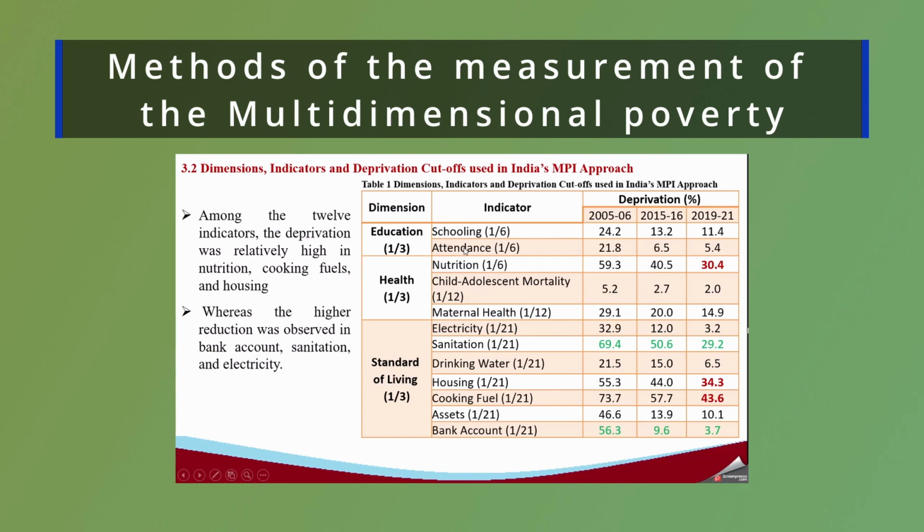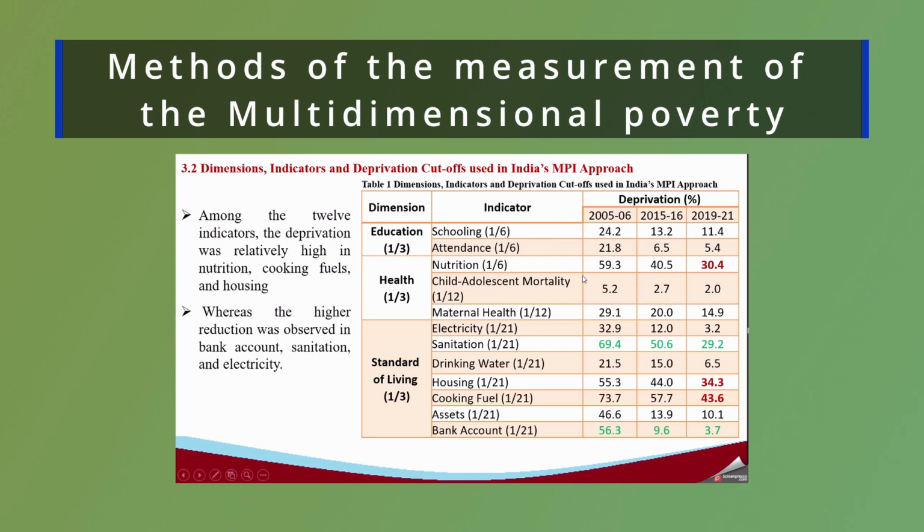The health dimension consists of 3 indicators, nutrition, child adolescent mortality and maternal health. Whereas standard of living consists of electricity, sanitation, drinking water, housing, cooking fuel, asset and bank account, 7 indicators. That is, there are 12 indicators to measure the multidimensional poverty in our country.